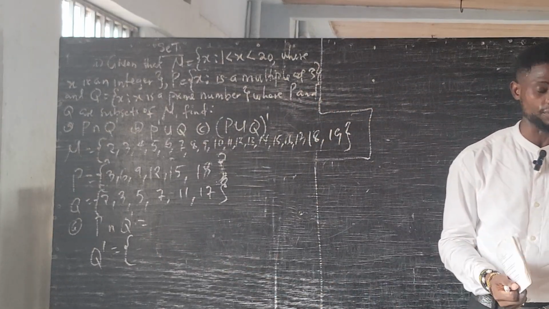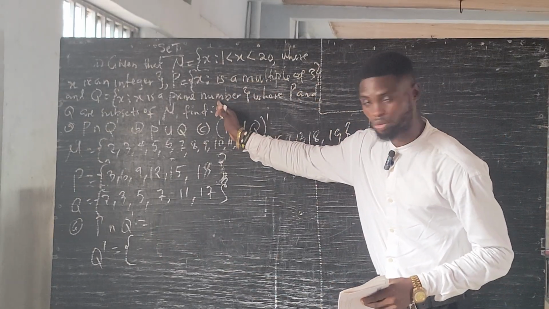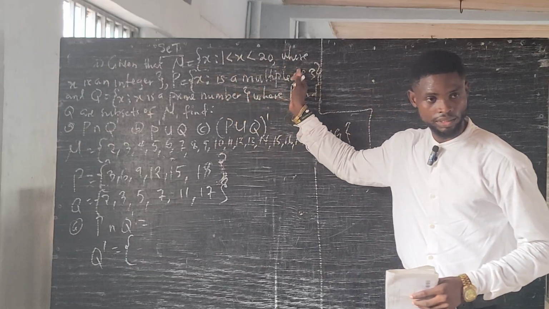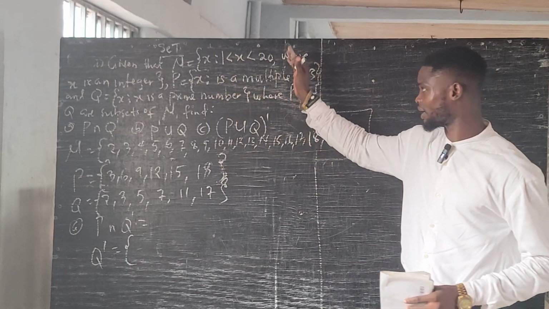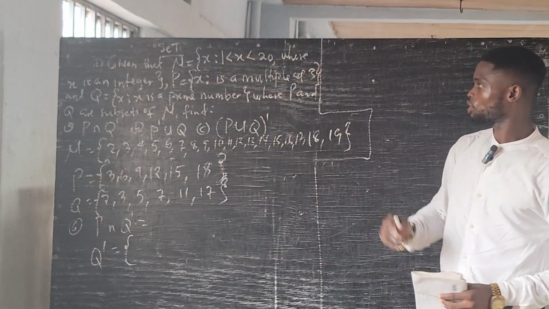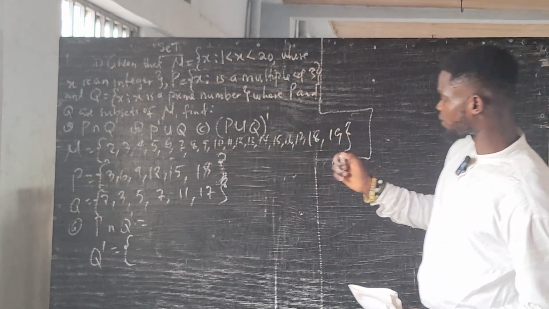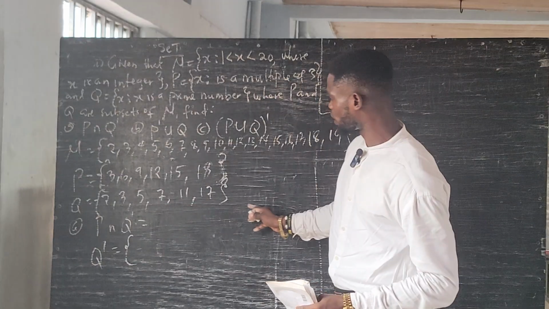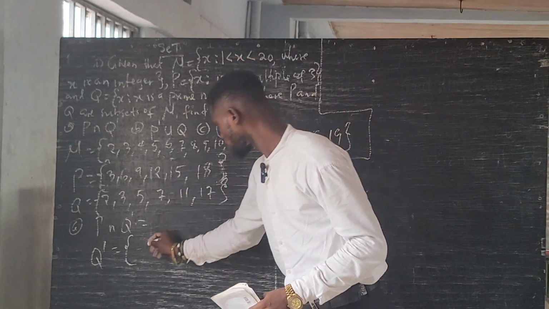That is what I mean by complement. With the numbers you have in Q, look at the universal set, the numbers you don't have in Q. We have the universal set, this is Q. What do we have? We don't have 4.